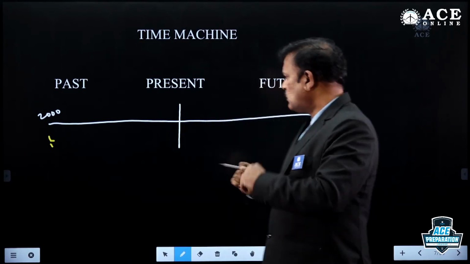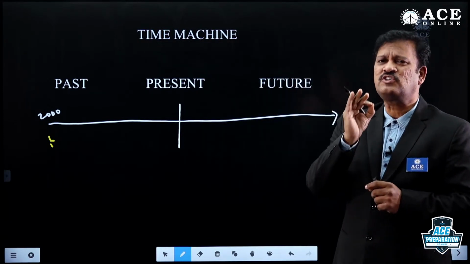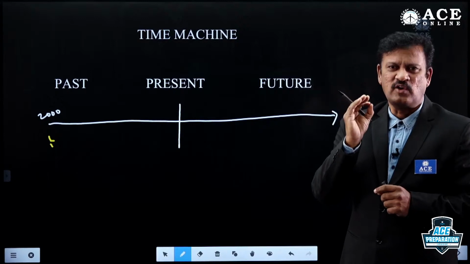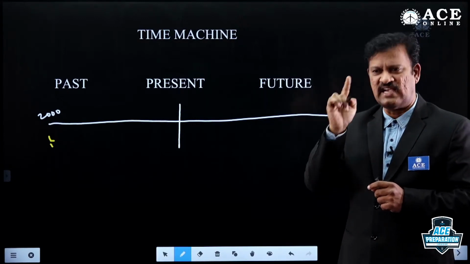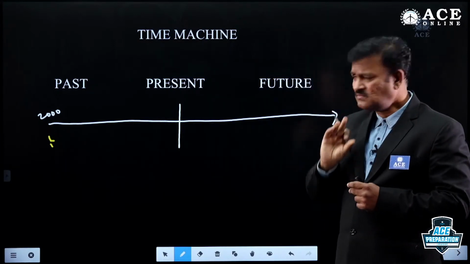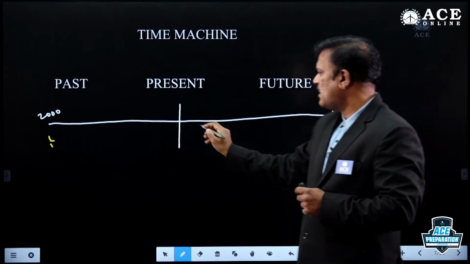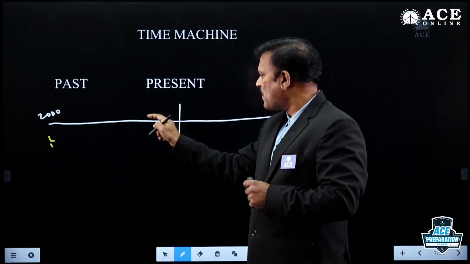Fine. So the simple technique for tenses, guys: focus should be on time. Can you identify the time factor in a sentence? Yes. Take that time and put it here. This is what you need to do. And you are here. Now look at this. Past.